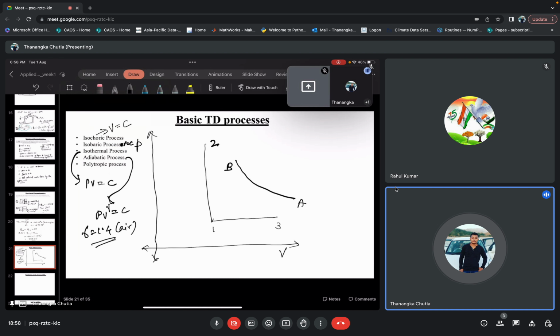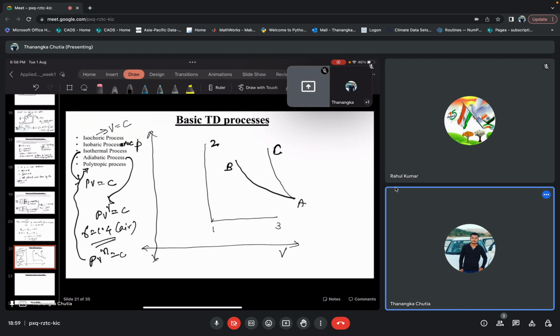Comparing PV to the power 1 and PV to the power gamma, where gamma is greater than 1, this will be a much steeper curve, say C. And for the polytropic process, PV to the power n equals constant; if n is greater than 1.4 it will come this side, and if it is lesser, it goes the other way.